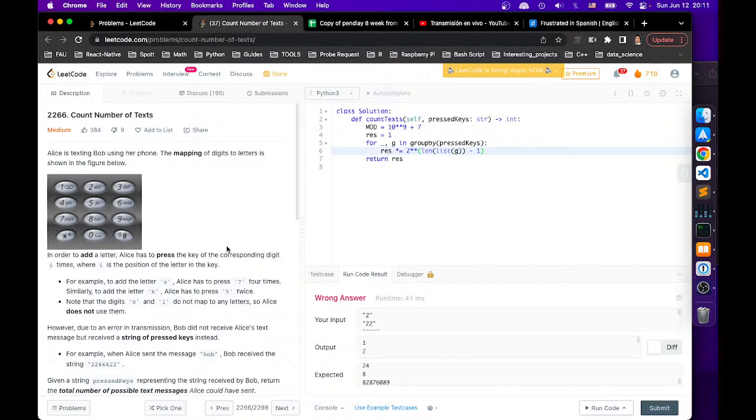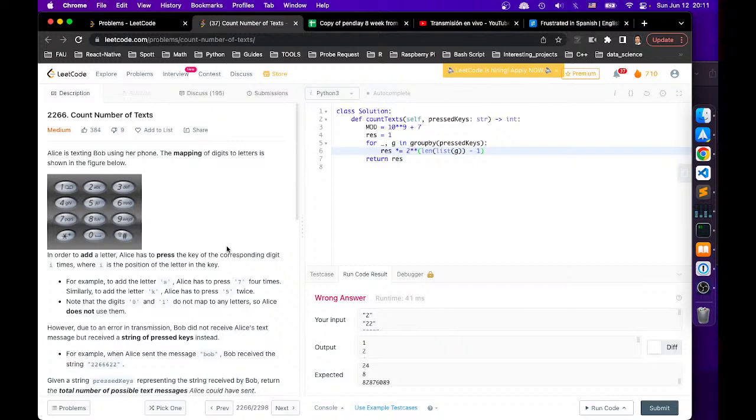Holy moly. Each number means different things. Oh, wow. So for 2, the most is 3. That actually simplifies things if you think about it. Just a little bit.